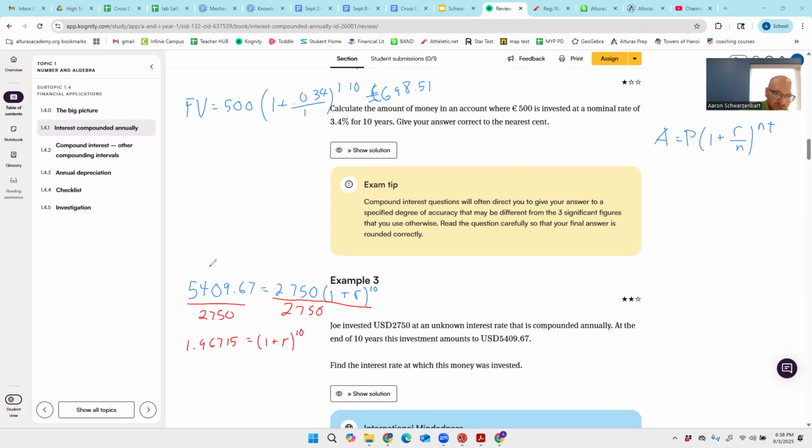I will then take the 10th root of both sides. Or if it's easier on your calculator, that can be the 1/10th power. And I get, wow, that comes out really simple, 1.07 equals 1 plus r. My rate equals 7%, which is a pretty good percent.